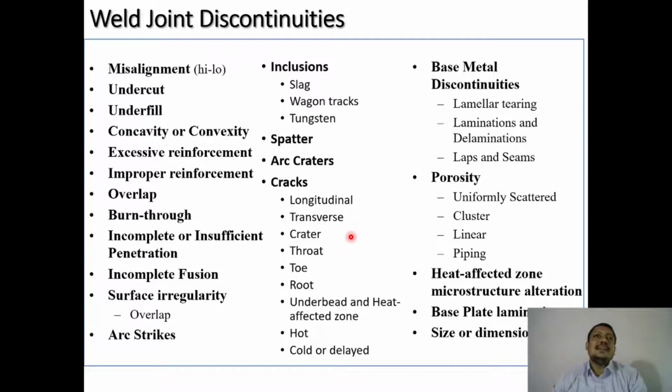These discontinuities are commonly visible in the weld if you have not properly welded the material joints together. All these discontinuities need not be rejected as defects. Some to certain levels will be acceptable.